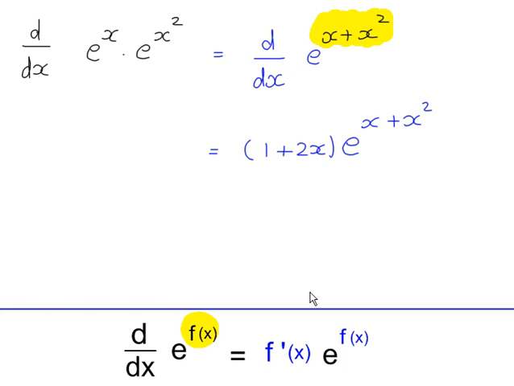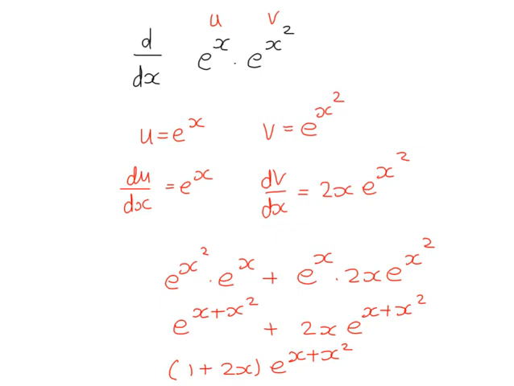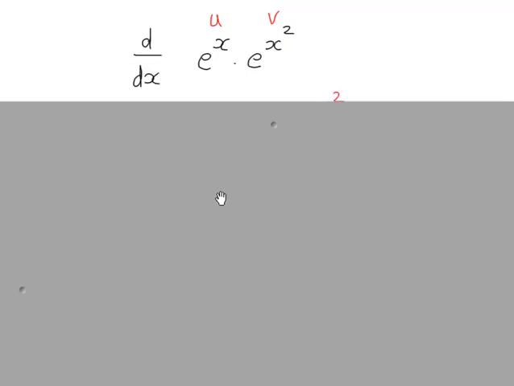In this example, there is no need to use the product rule for differentiation. The product rule for differentiation, if you're already familiar with that rule, will give you this. So differentiating e to the x times e to the x squared.